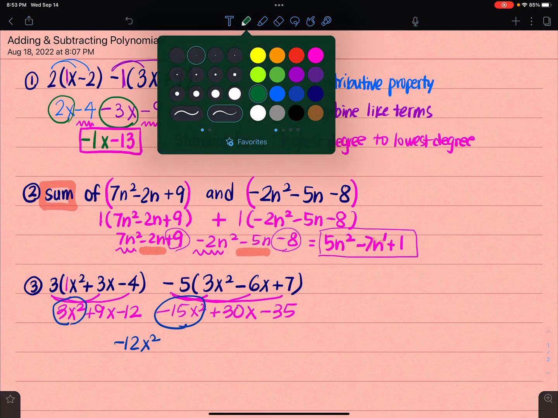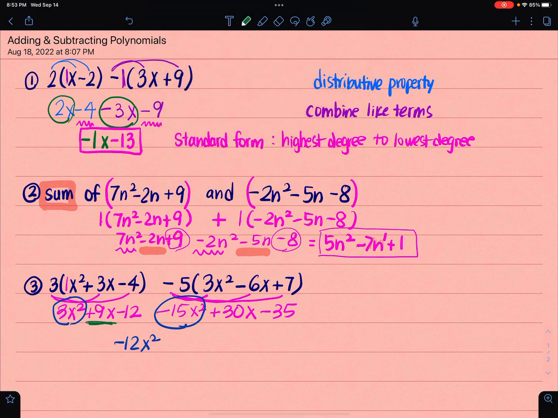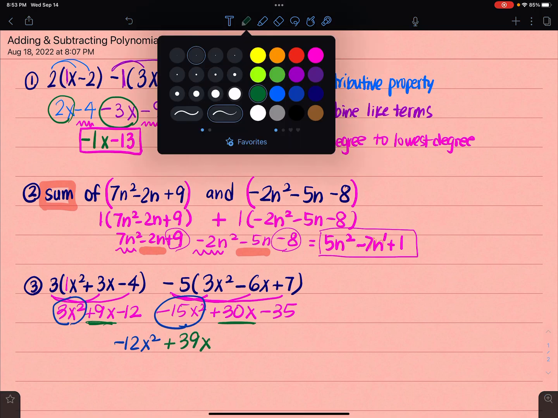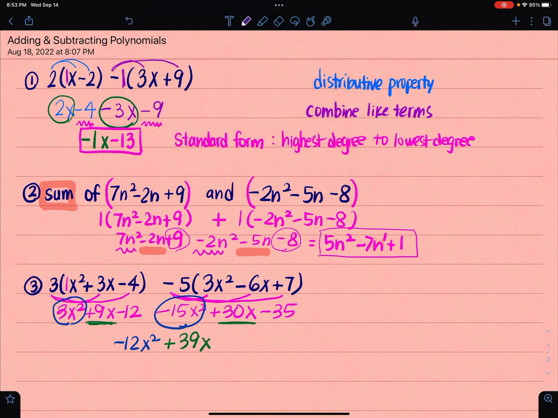Now let's look at the next highest degree, and that's the one with the exponent of 1. And so we have positive 9x plus 30x, which is positive 39x. And then finally, we have negative 12 minus 35, which is negative 47.